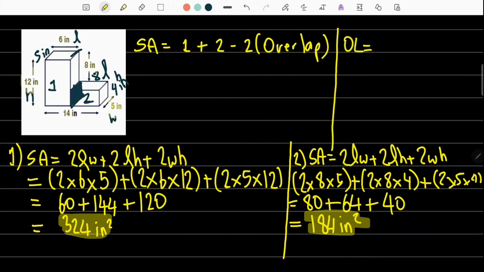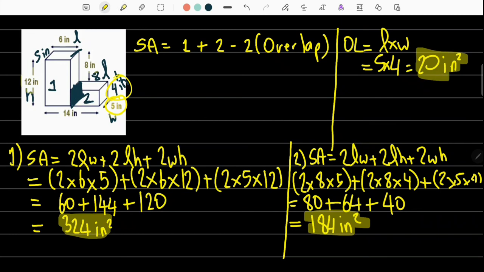How do we find the area of the overlap? It's a rectangle, so it's length times height. Our length is 5 and our height is 4. So we have 5 times 4, which is equal to 20 inch square. Let me highlight that also.